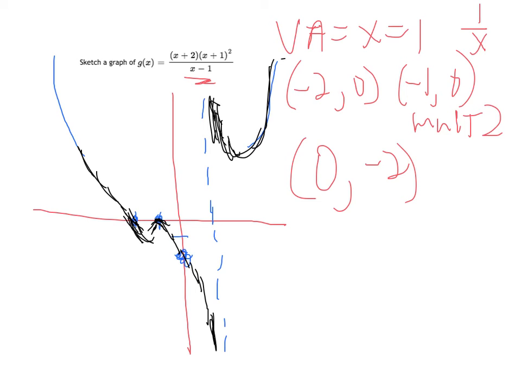Now I know this graph on this side doesn't come down as far as the x-axis, because this didn't have a 0 on that side. It only had them over here. So this is a very rough sketch of what this looks like, but I do know it looks similar to that.